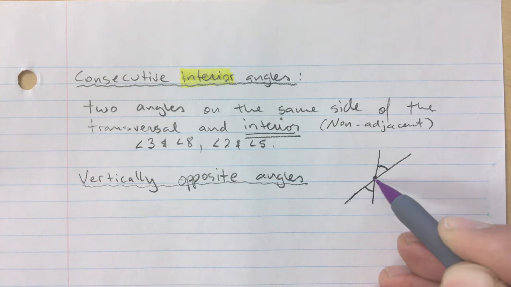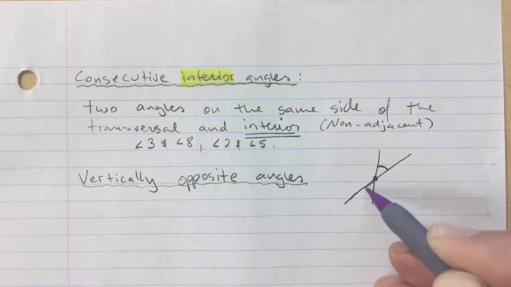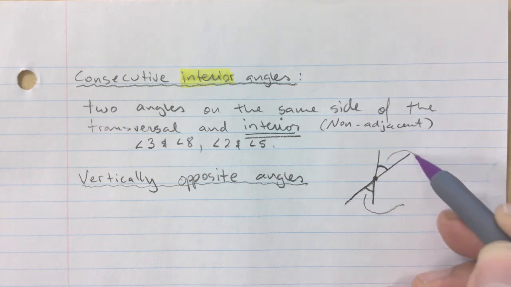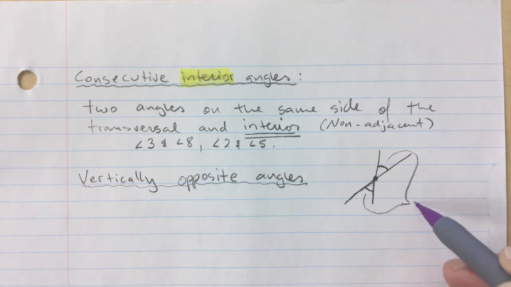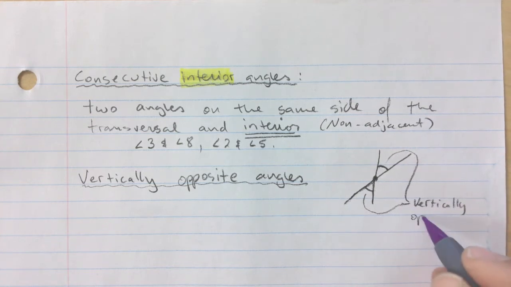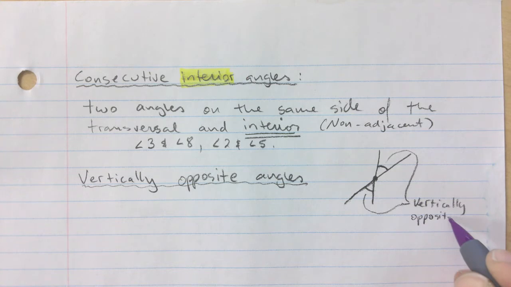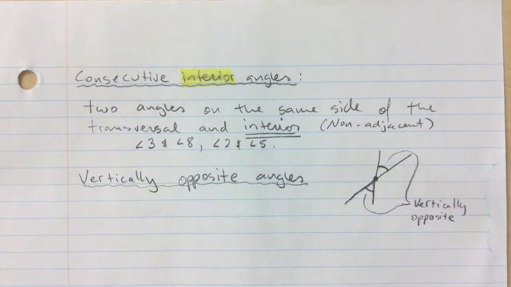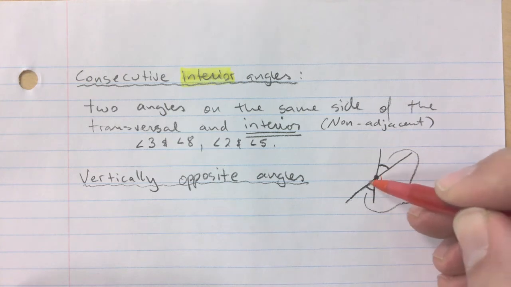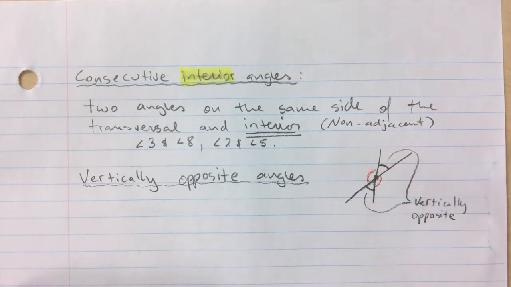They share a vertex, a point of intersection. And I'm going to use a different color. These two angles here, those two would be considered vertically opposite as well.